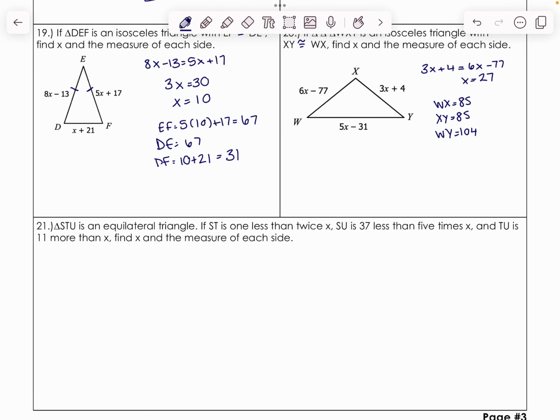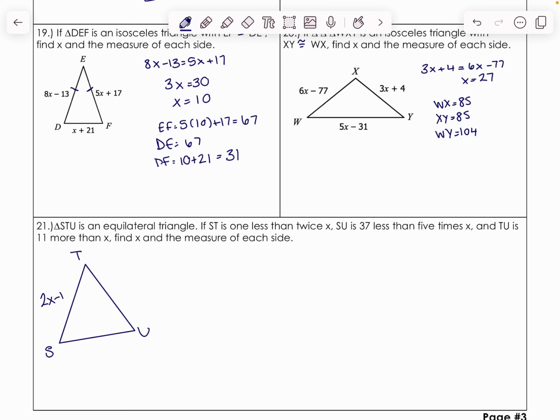Okay, and then this last one, we have an equilateral triangle. Okay, so here's your equilateral triangle. All right, we have triangle STU is an equilateral triangle. ST is 1 less than twice x. So 1 less than twice x is 2x minus 1.